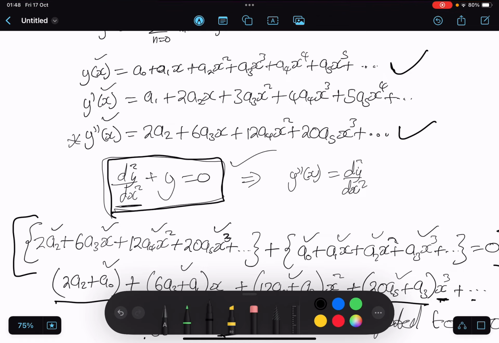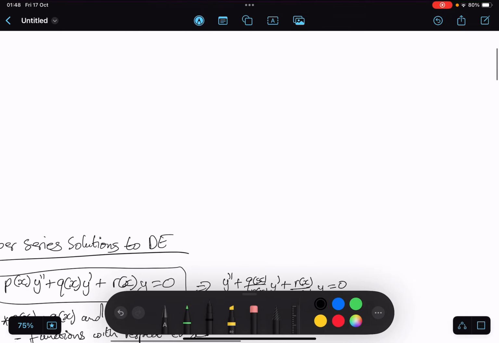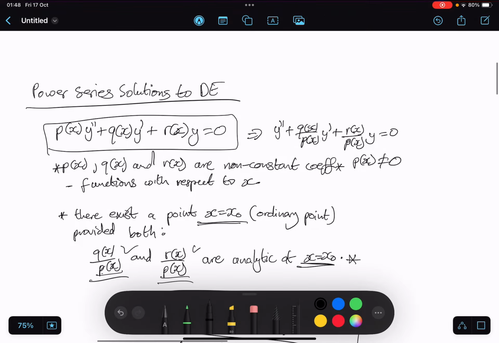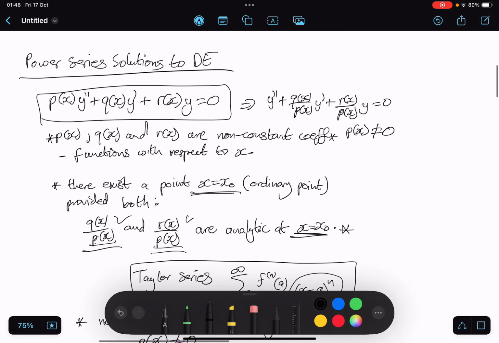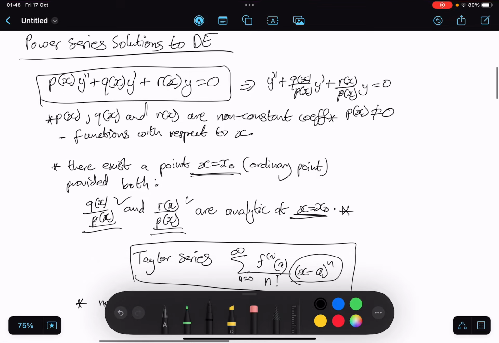And remember, in order for us to find the power series solution for the differential equation, p of x, q of x, and r of x are non-constant coefficients.